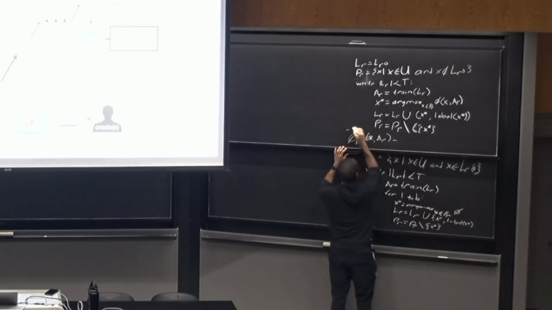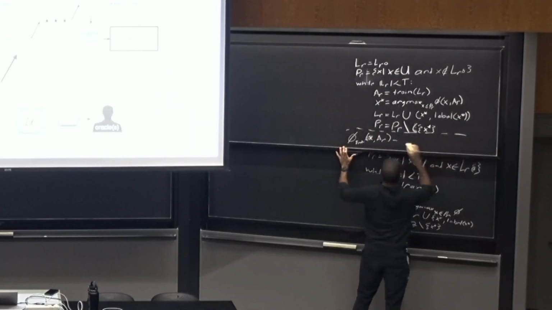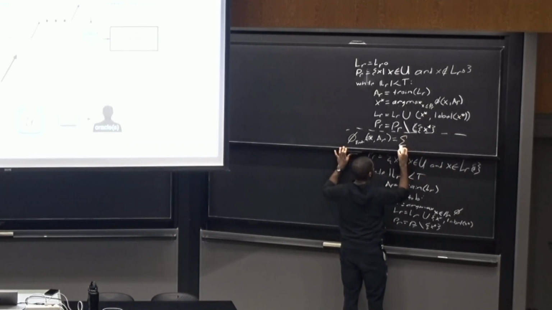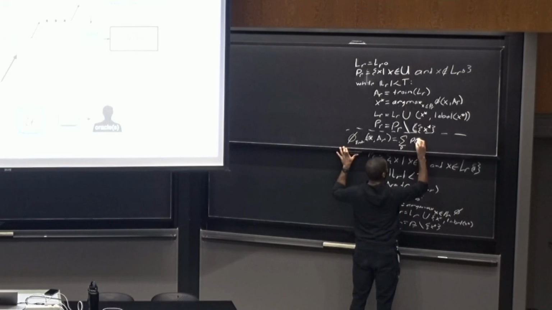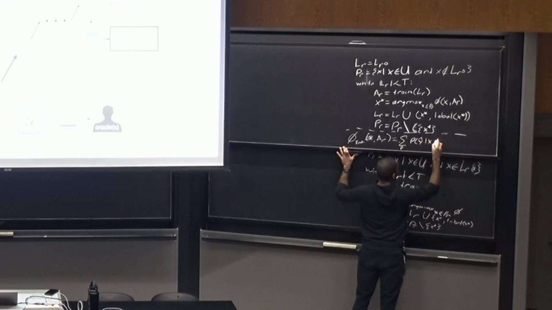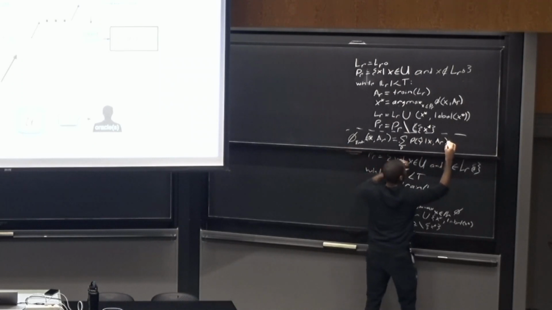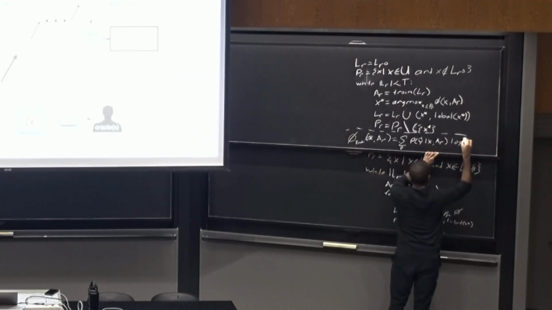Which is just the negative of the sum of the probability of a given label, given an example and our current model, times log of that probability.